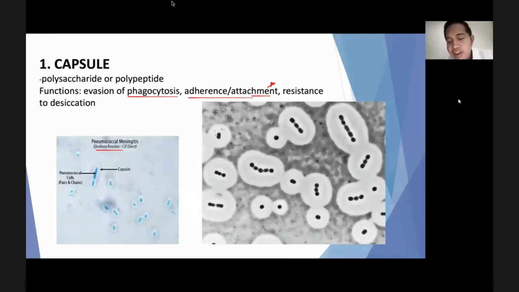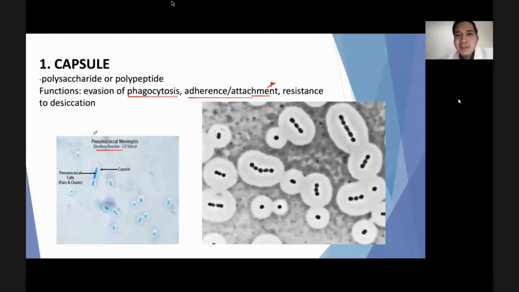You can also see here, using the India ink method, the presence of the capsule. Ayan, streptococcal din. Very beautiful capsule in the microscope, but once you get infected with encapsulated bacteria, terrible yan. Is that clear? Why? Because they evade phagocytosis, because they alter the complement cascade.